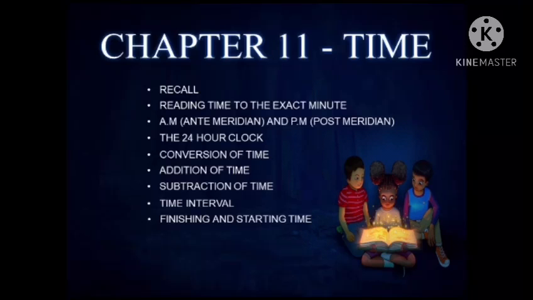So: recall reading time to the exact minute, AM and PM, the 24 hours clock, conversion of time, addition of time, subtraction of time, time interval, finishing and starting time, and time interval in days. These are the topics we are going to learn in detail in the coming lessons.